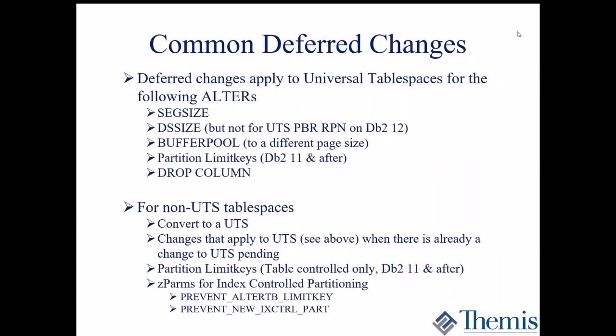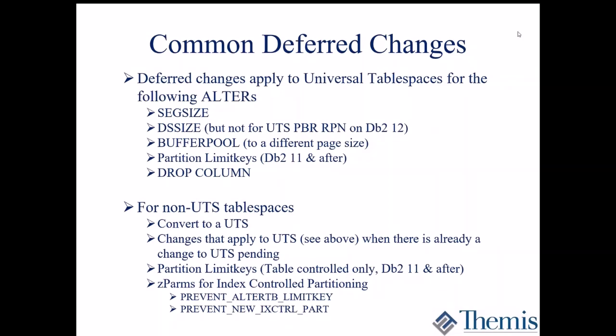Now you might complain and say, well, but what if I need to alter the limit keys? Well, what you're going to have to do then is convert it to at least table controlled partitioning, which is a fairly simple change. And then the alter to the limit keys will become an online deferred change.